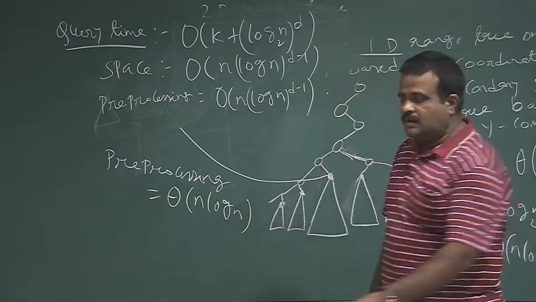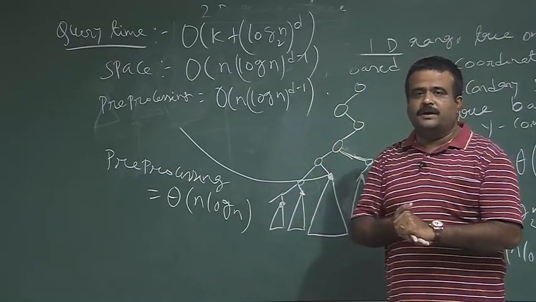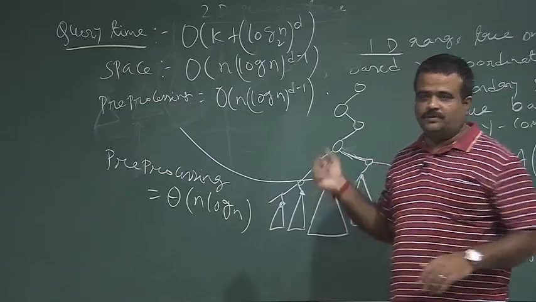Okay. So, this is the general form of d dimensional time, space and preprocessing. Thank you.